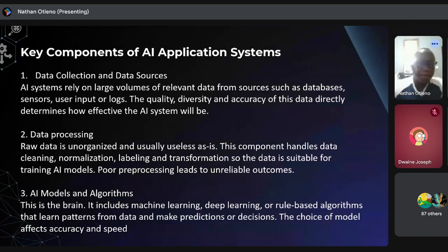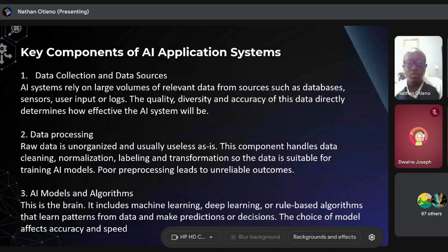I'll be presenting the key components of AI application systems. Let's start with data collection and data sources. AI systems rely on large volumes of relevant data from sources such as databases, sensors, user input, or logs.